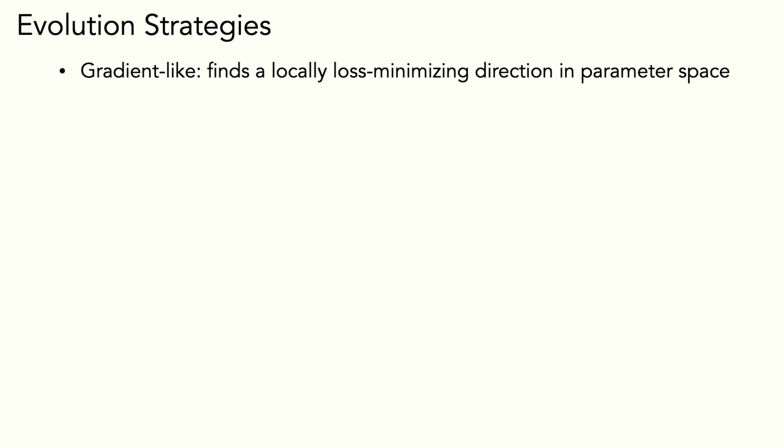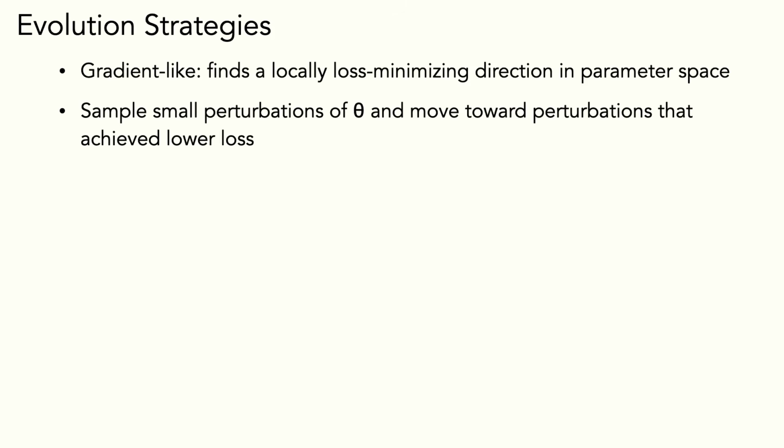Cool. Okay, so one thing that we wanted to bring up was this idea of an evolution strategy. These are gradient-like. They find locally loss-minimizing directions in parameter space. The way they do that is they sample small perturbations around your existing parameter values and then move towards the perturbations that achieve lower loss.